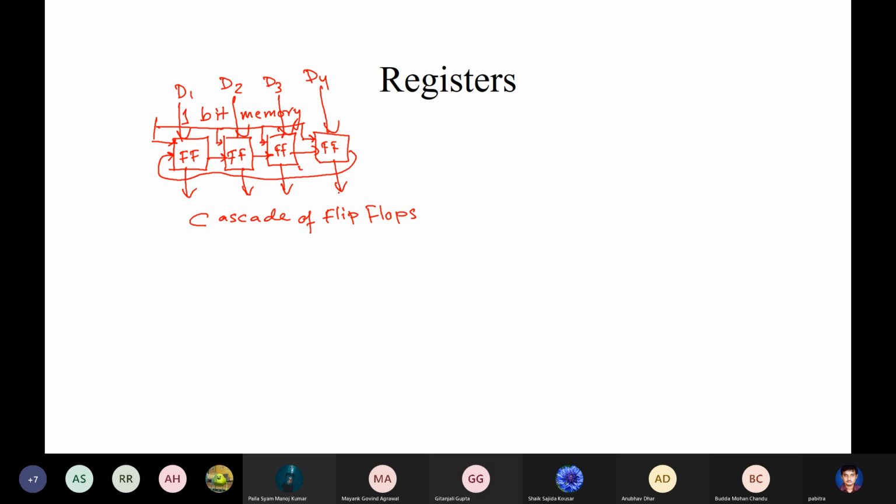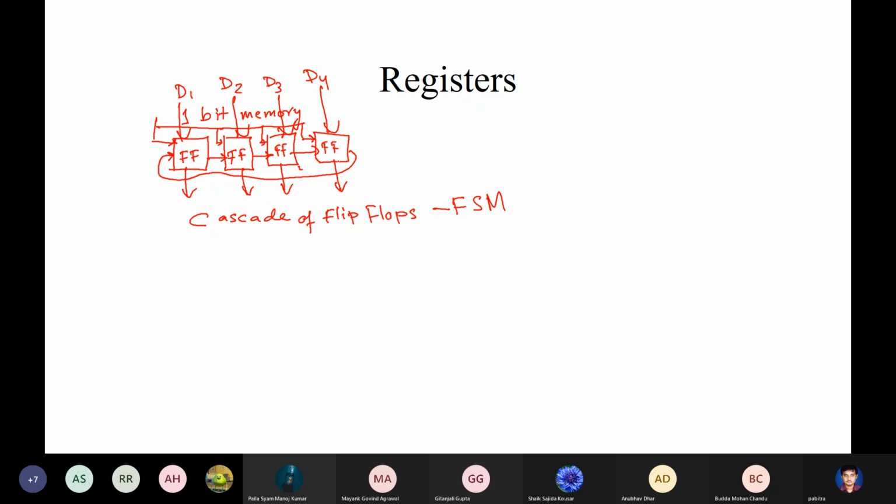As you can imagine, since these are flip-flops cascaded in a certain manner with some input coming, this can be thought of as a finite state machine. So the state assignment can depend on the output values of this cascade of flip-flops.